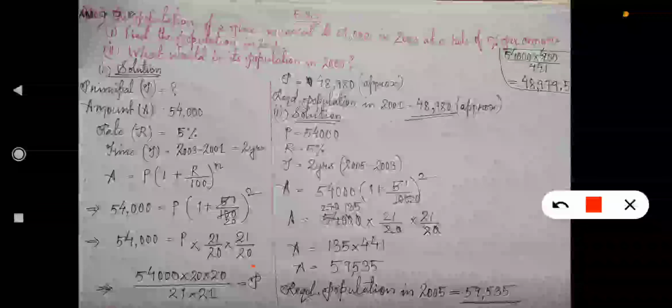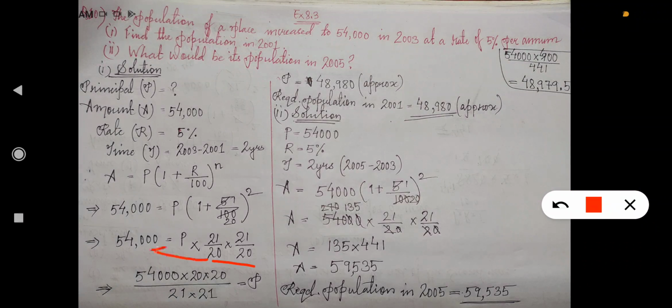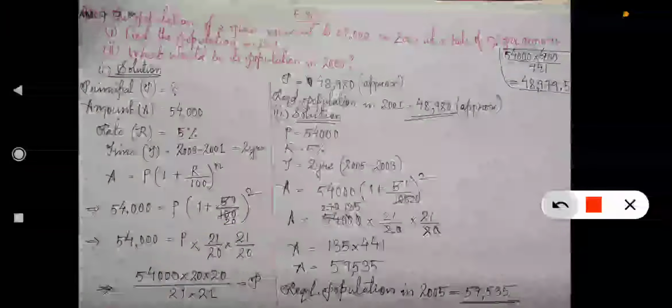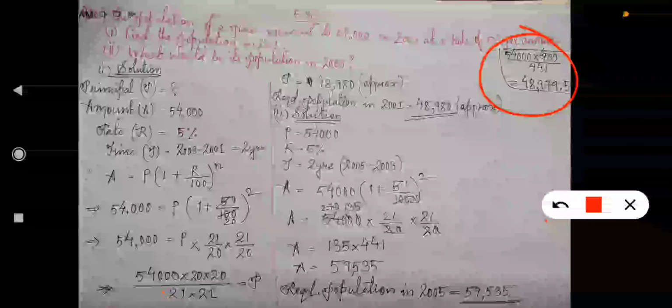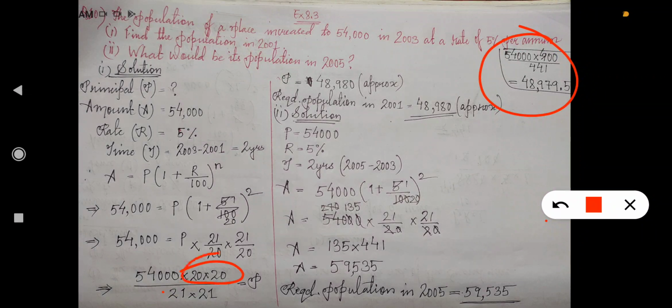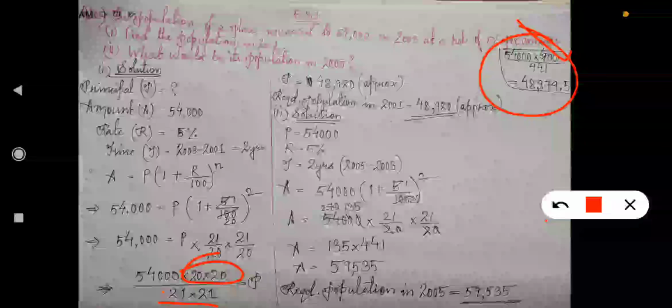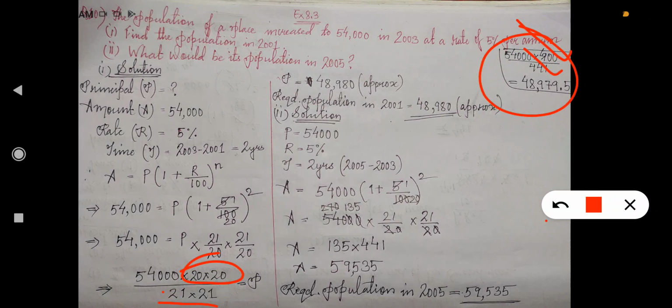Now this 20 and 20 will go to the numerator, and this 21 will come to the denominator when you shift from the right hand side to the left hand side. So this 20 squared will go up and this 21 squared will come down. Okay, so I have calculated this in a graph. You can see over here 20 into 20 is equal to 400, 21 into 21 is 441.